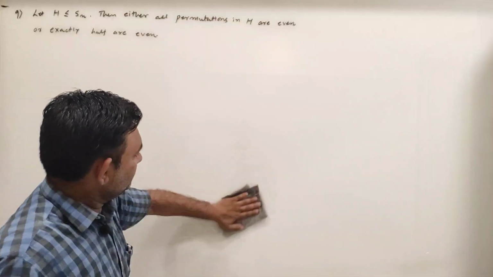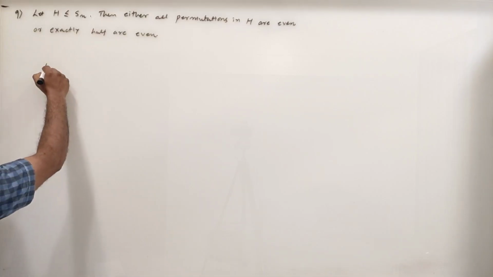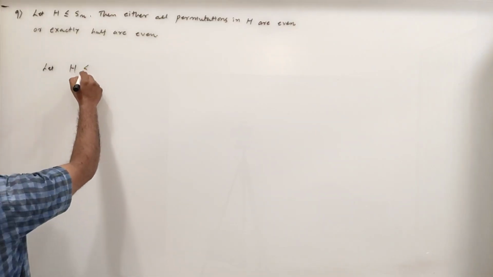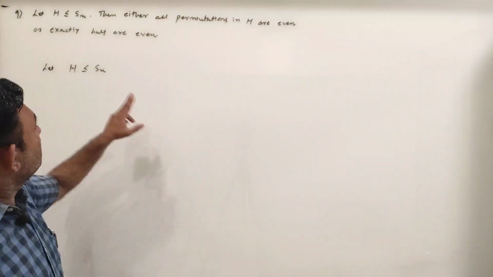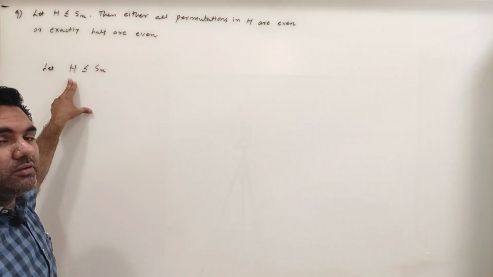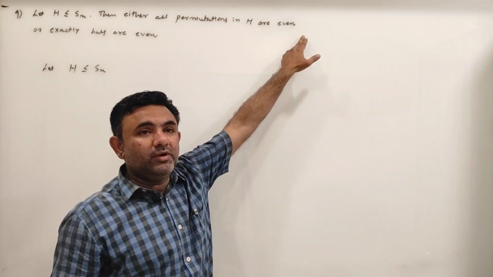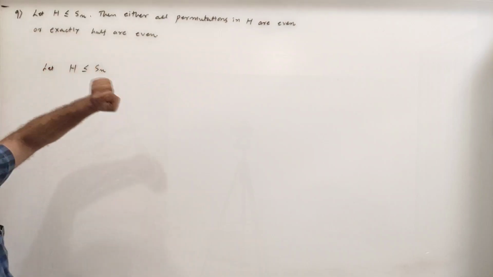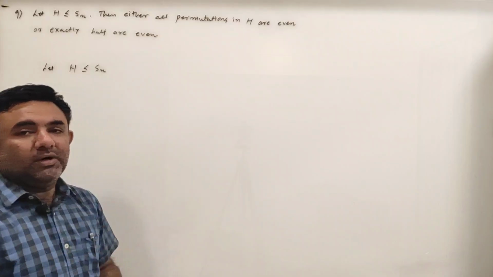So let us try to prove this. The proof is very simple. Let H be a subgroup of Sn. If all permutations in H are even, then we are done. If it contains some odd permutation, then we have to prove that exactly half are odd and exactly half are even.